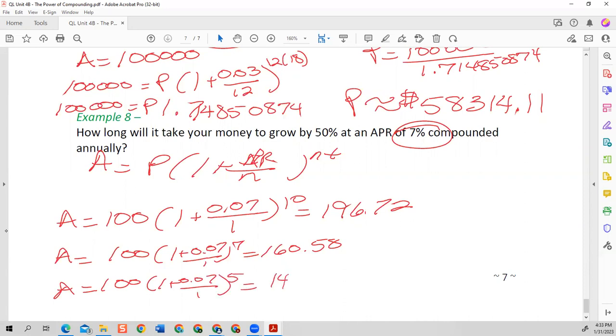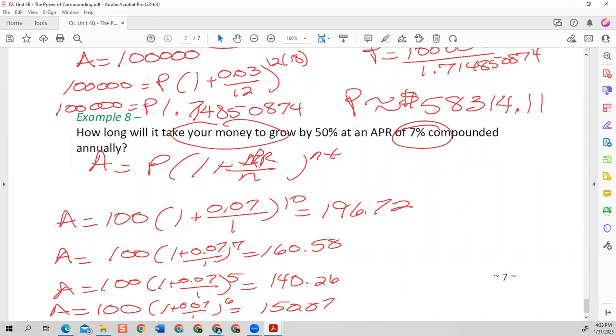Which gives me 140.26. And what if we did 6 years? It's 150.07. So it looks like after about 5 years will be our answer.